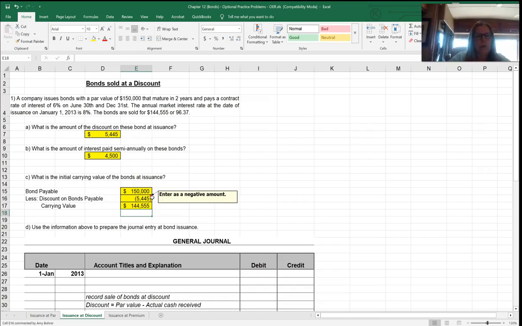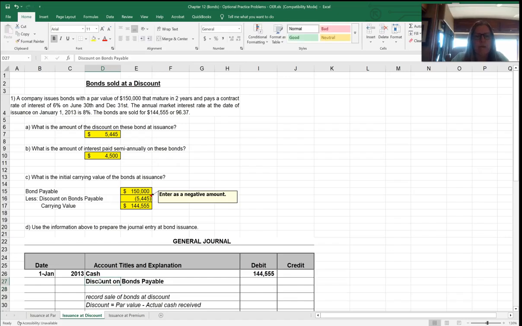So what journal entry do we do when we first issue these bonds? Well, we record the cash. And it's not $150,000. Remember that we had to sell it at a discount, so it's $144,555. And then we're going to record this discount on bonds payable.